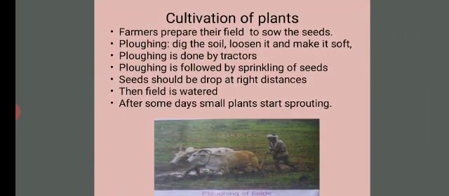For cultivation of plants, there are certain steps. See, the farmer prepares the soil first. The first step is ploughing. Ploughing means digging the soil, loosening it, making it soft.